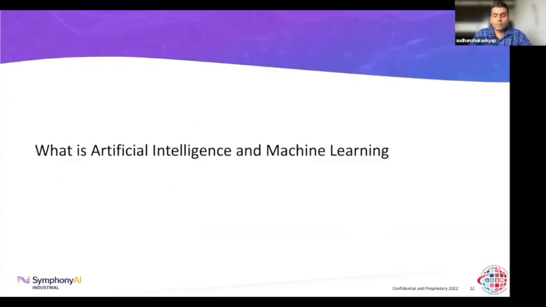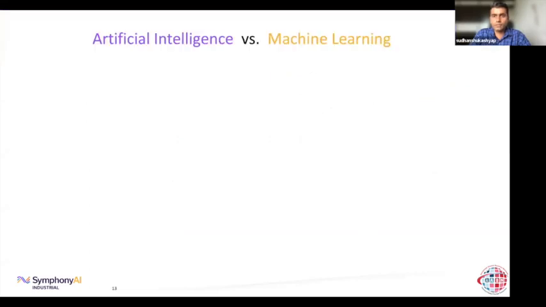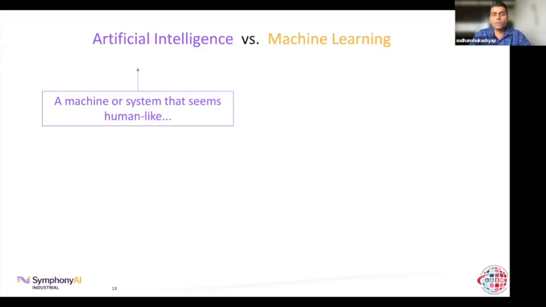Okay, so next let's move to the terminology that we keep hearing, artificial intelligence and machine learning, and let's learn what the difference is. When we talk about artificial intelligence, it says that a machine or system that seems or acts like humans.